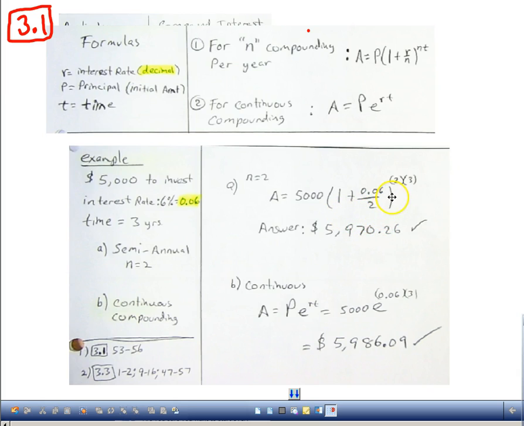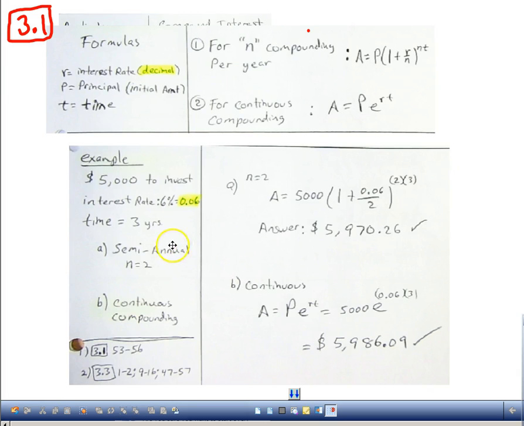And you take that to the exponent of 6, or y to the x is the button that you'll probably use or find in your calculator, and hit 6. Hit equal, and then the last little step is to multiply that answer times 5,000, and then this is the answer that we get. All right, $5,970.26.